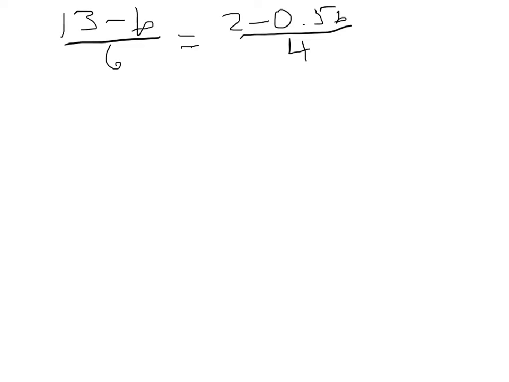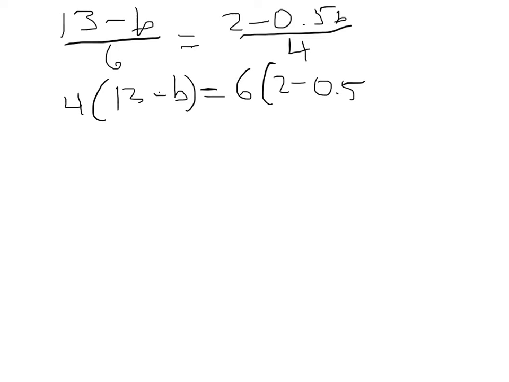To solve this proportion, we use the same idea as we did in the easier proportions, that is cross multiplying. So we multiply 4 times 13 minus b equals 6 times 2 minus 0.5b.